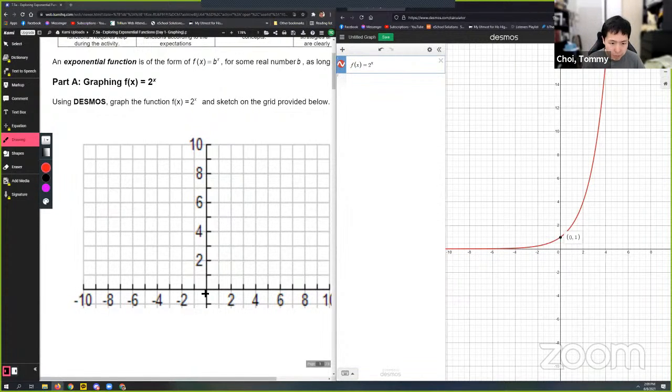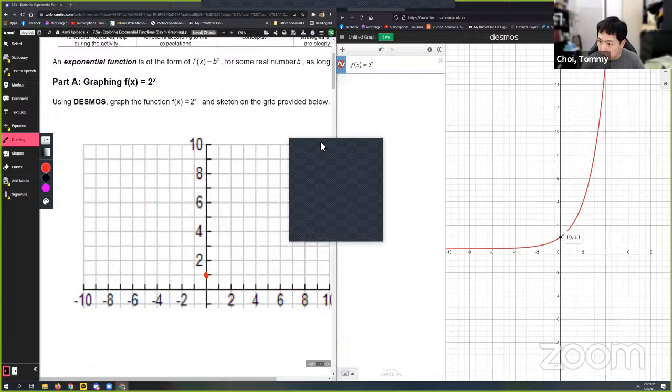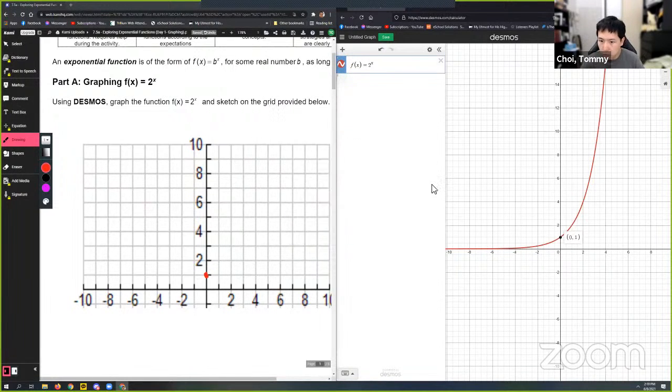Anyone have an idea why that might be important? Y-intercept, absolutely. And what makes this y-intercept, 0, 1, so important? It is most definitely the y-intercept.